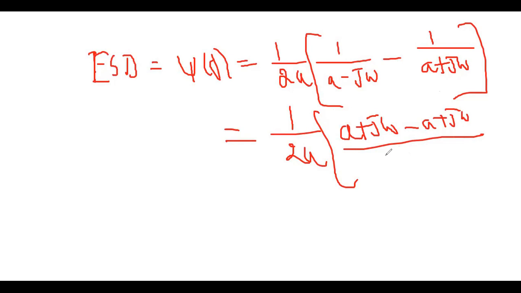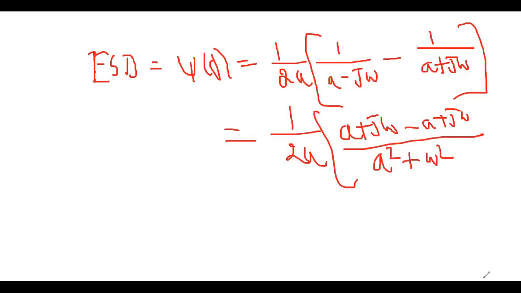And a minus j omega and a plus j omega gives a square plus omega square. So a plus b into a minus b means a square minus b square, and the minus becomes plus with j square.